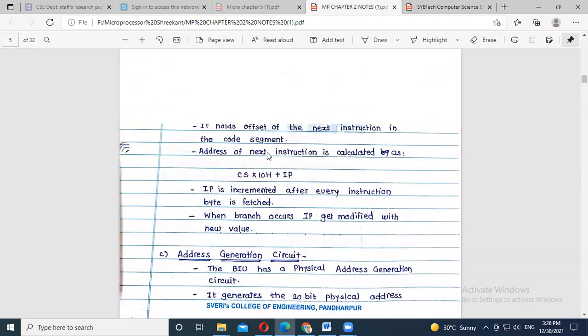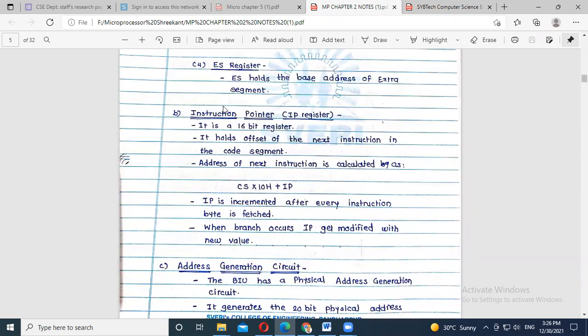Next is the instruction pointer, the fifth one. The instruction pointer is also a 16-bit register, and it holds the offset address of 16 bits plus 4 bits. Finally, it becomes 16 bits plus 4 bits equal to 20 bits for the data lines to transfer the information.